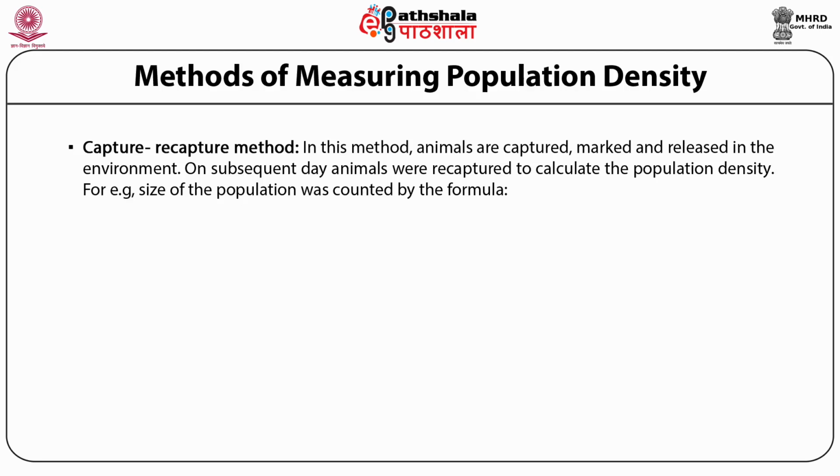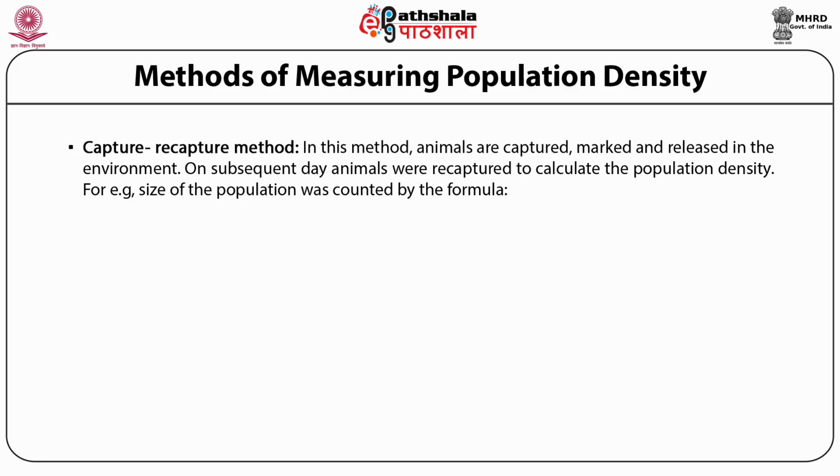The animals are captured, marked and released in the environment. On subsequent day, animals were recaptured to calculate the population density. The population at any time will have marked and unmarked individuals.